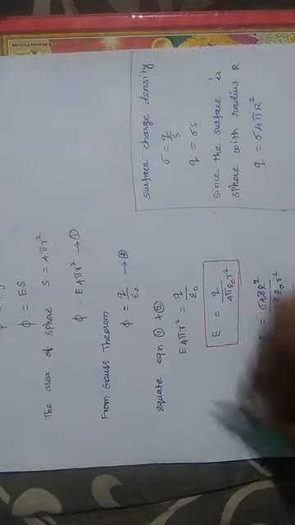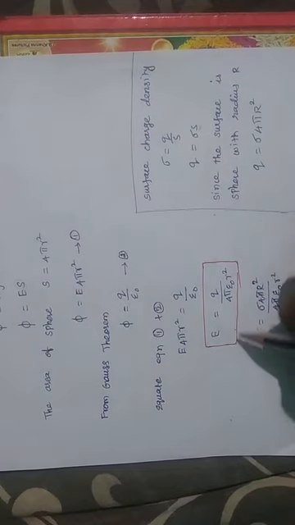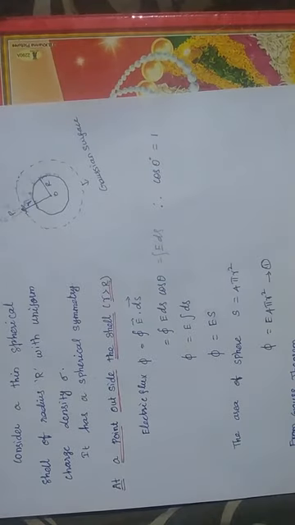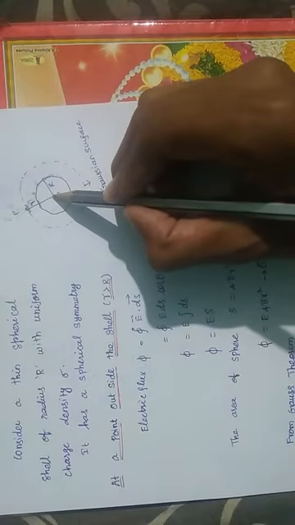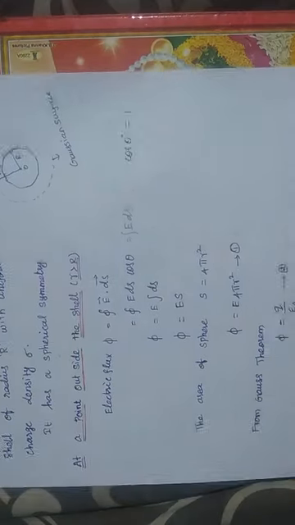Whenever the spherical shell consists of so many charges, we can consider it as a point charge. All the charges are concentrated at the center. I will explain this later.